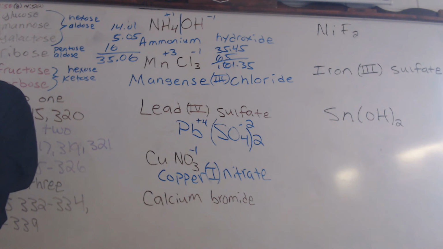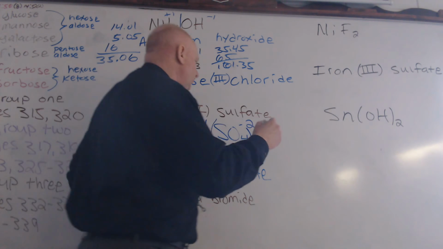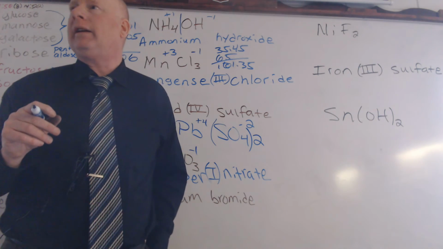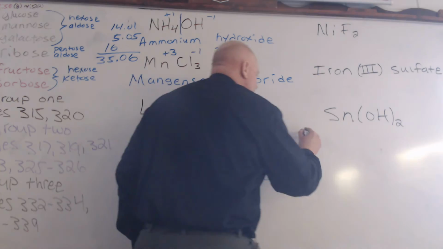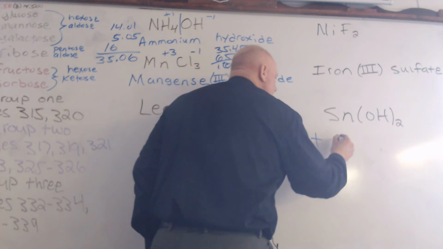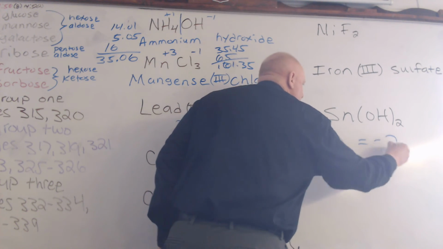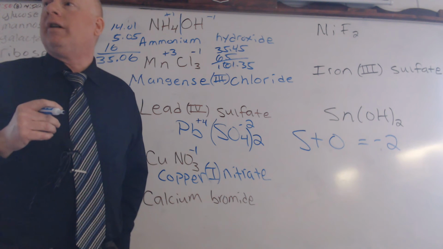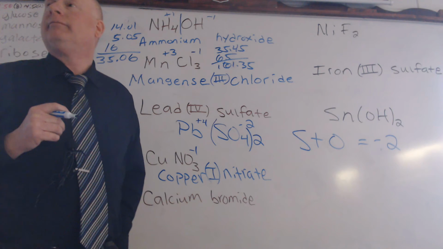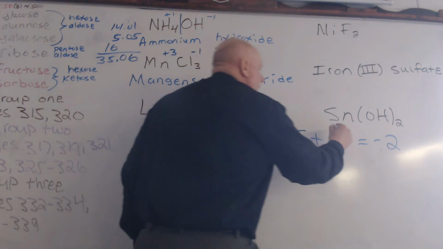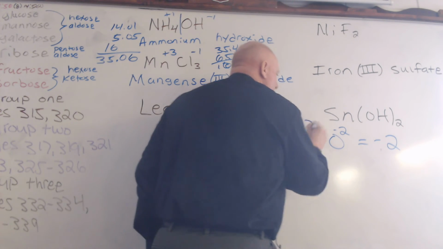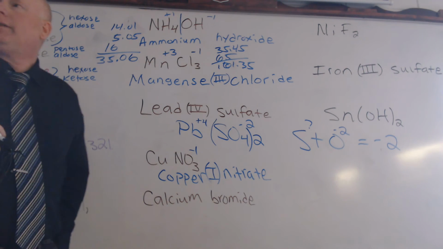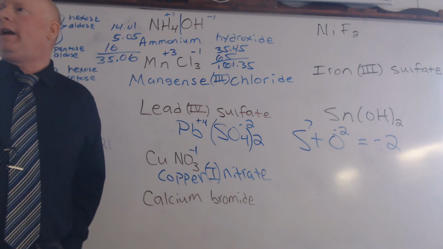Yes? So on the sulfate, how is 4 not part of the formula? The overall charge is -2, correct? So in this case, sulfur plus the oxygen is going to equal -2. What does oxygen have for a charge? Negative what? 2. We don't know what sulfur is yet. But how many oxygens do you have?